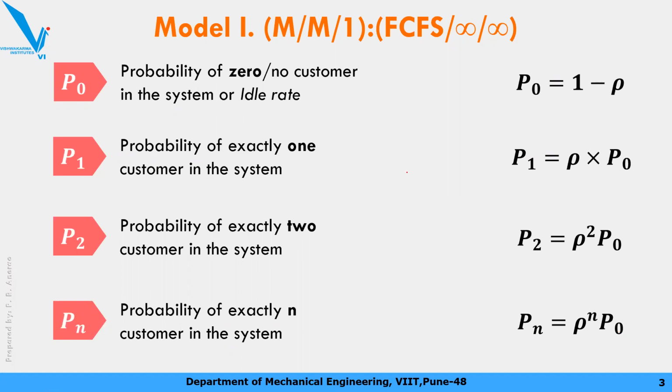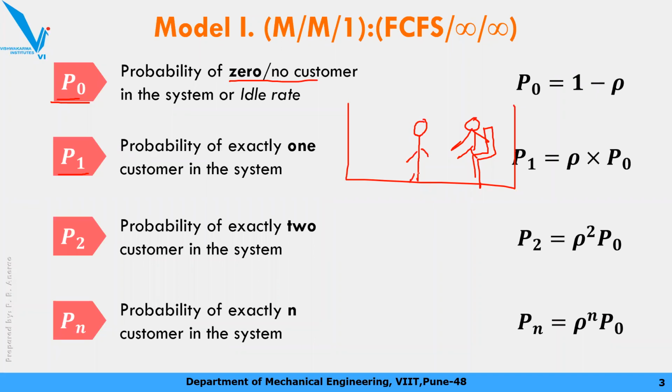Now another point you need to understand. When we are talking about P0, that means there are no customers in your system, so the person who is going to give the service is sitting idle. When I say P1, probability of exactly one customer in the system, that means only one customer is in your shop.